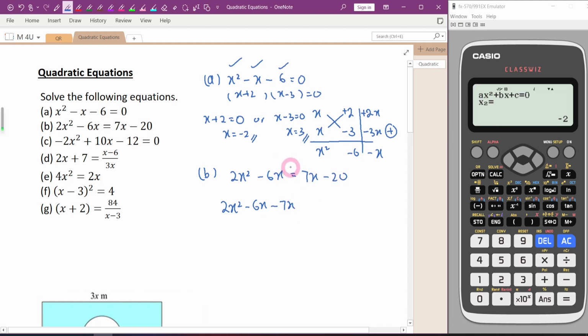Negative 20, if you move it to the other side, it becomes positive. Okay, here is equal to 0. 2x squared minus 6x minus 7x will give you minus 13x. So this will be plus 20. Okay, now we can start to do the factorization.